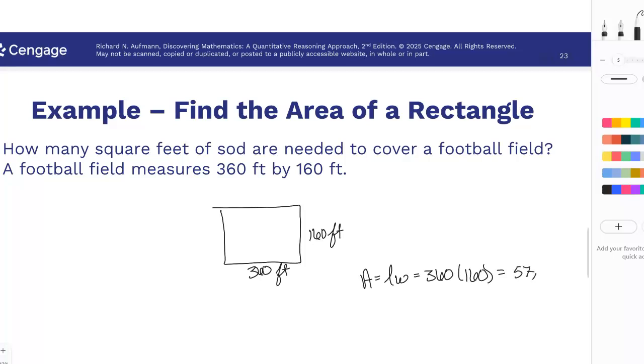A lot. 57,600 is what I got. And units for area is going to be square, so this is in square units. So we would need 57,600 square feet of sod to cover that entire football field.